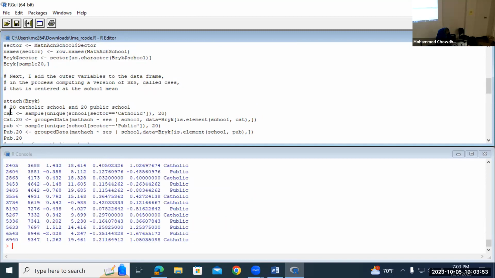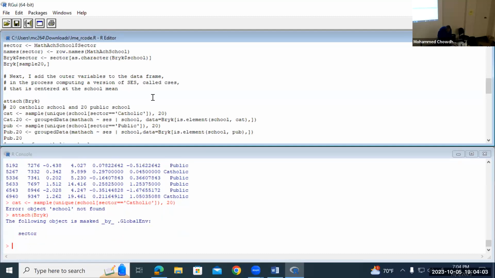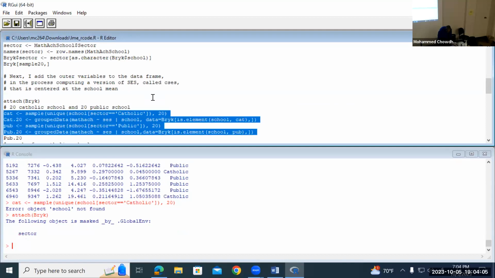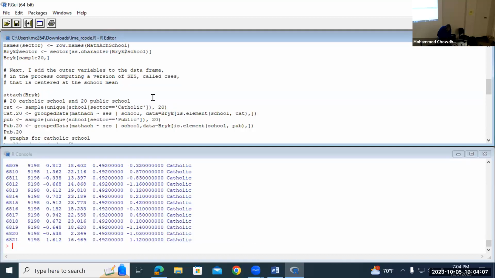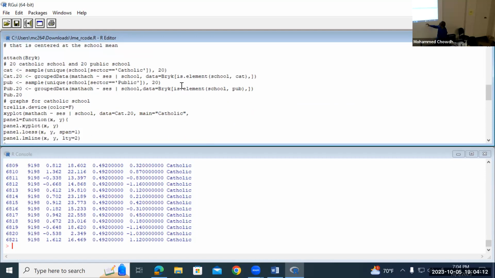Okay, let's see now. Object school not found. So if I do not attach, I have to put the name of the data in front of each variable.